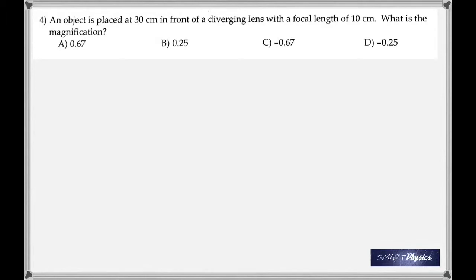Number 4, an object is placed 30 centimeters in front of a diverging lens. So now it's a concave lens with focal length 10 centimeter. Okay, so now you've got to take the 10 as negative 10 because it's a diverging lens. And you have to find the magnification. So first we have to find DI from this equation.